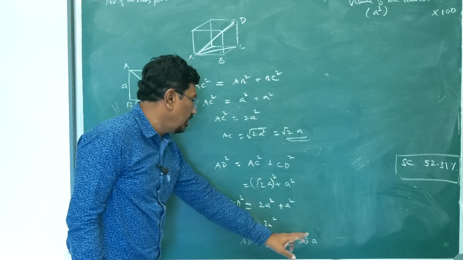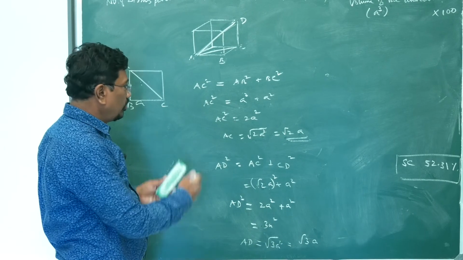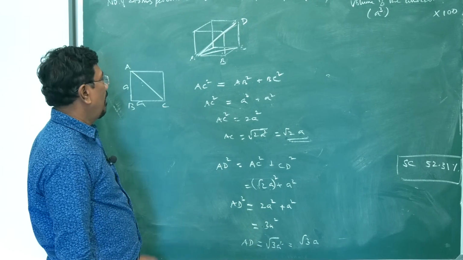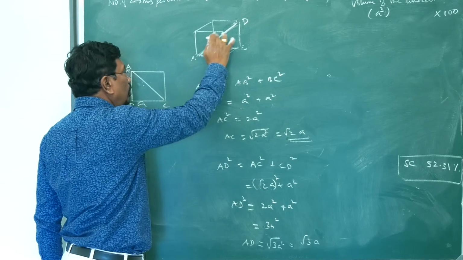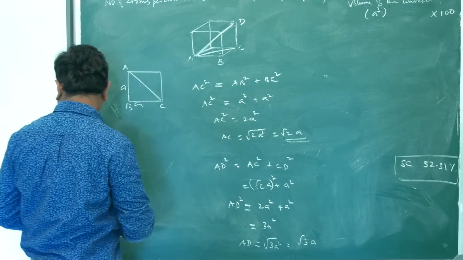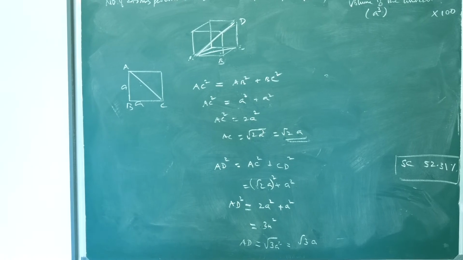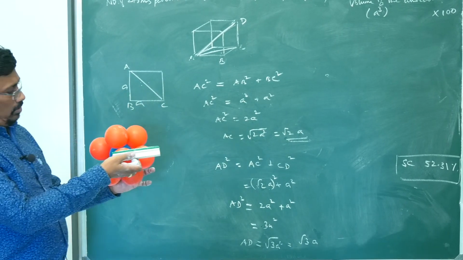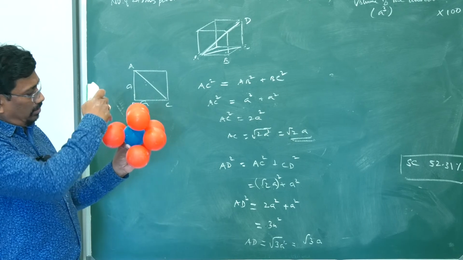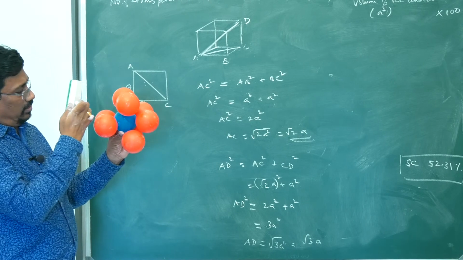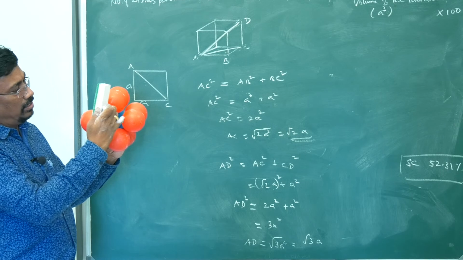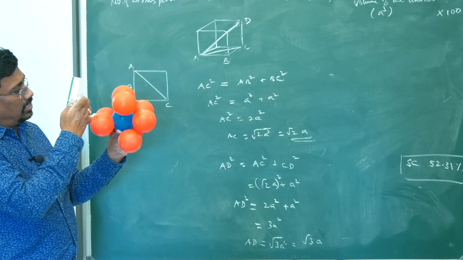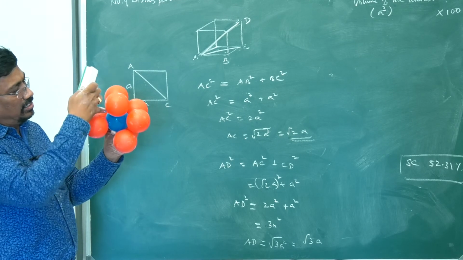comes to root 3A. If it is root 3A, what will be the radius? Radius of the atom, again 1, 2, 3. That's what I have shown. These three atoms are touching each other. One radius, two radius, three radius, from here to this center, to this center, and this atom fully.